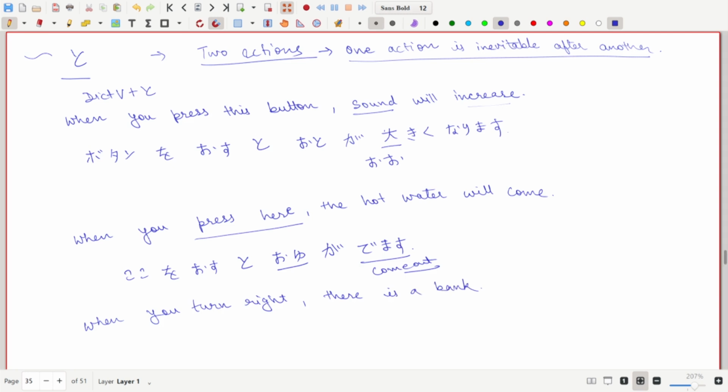Migi is right. Migi e magaru, magarimasu is to turn. Migi e magaru to ginko ga arimasu. So in all these three, the second action is the result of the first action.